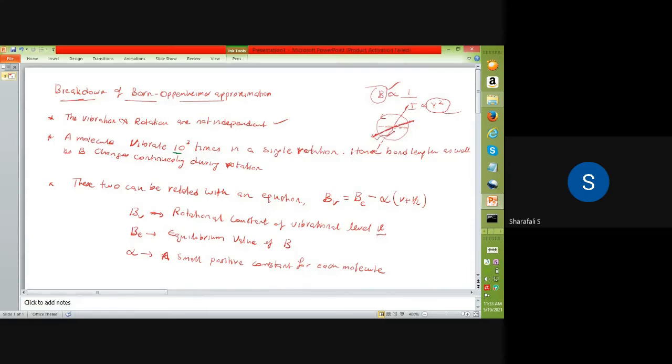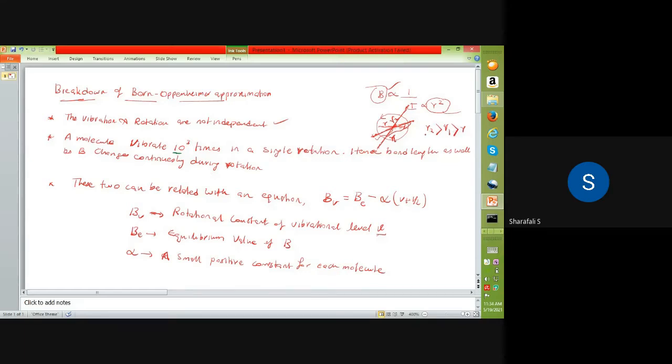Let's say this bond length is R1, and this bond length is R2. Then obviously R2 is greater than R1. This bond length will be larger as compared to this one, and your initial bond length is R. So R2 is greater than R1 is greater than R.